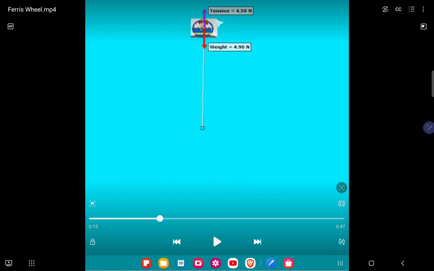As the head of the child is going up, not down, the normal force exerted by the cart on the child is going up, and it's not tension. So the normal force is shorter than the weight of the object. It's less than mg.